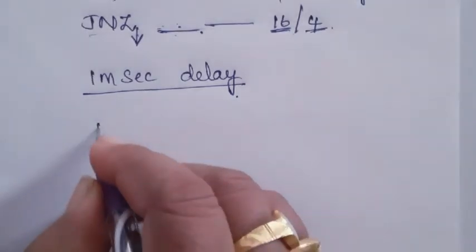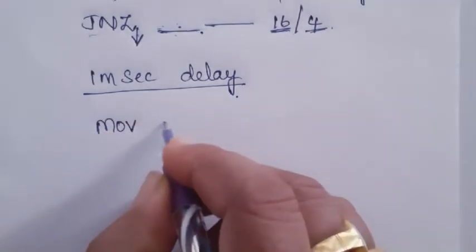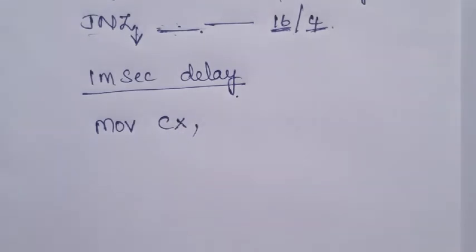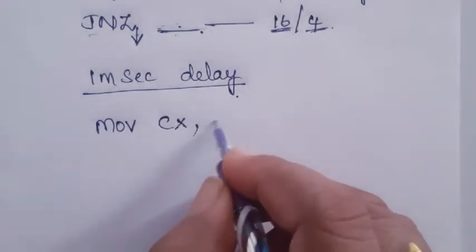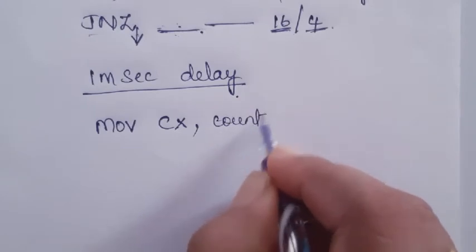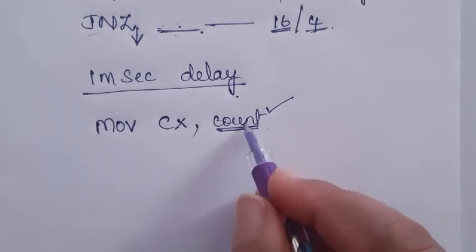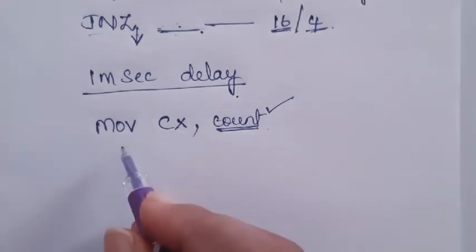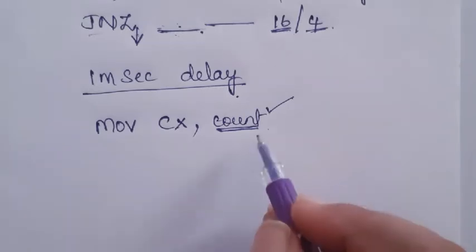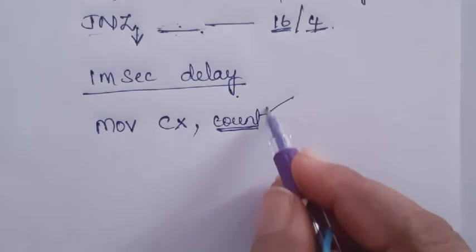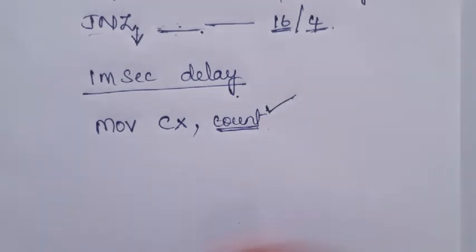So first, because in loop instructions we need to load the count register with some count, our aim is to find out what this count must be. Depending on this count, we calculate the number of cycles it is taking and find out how much count is to be loaded.